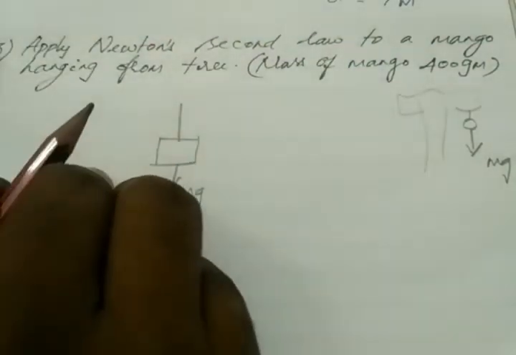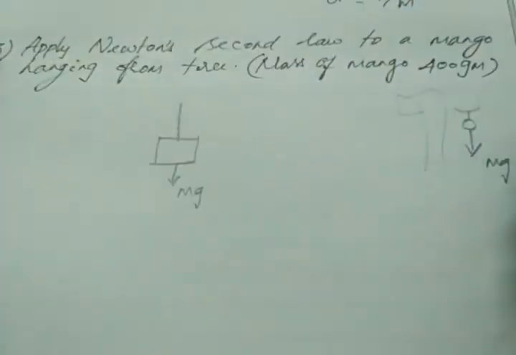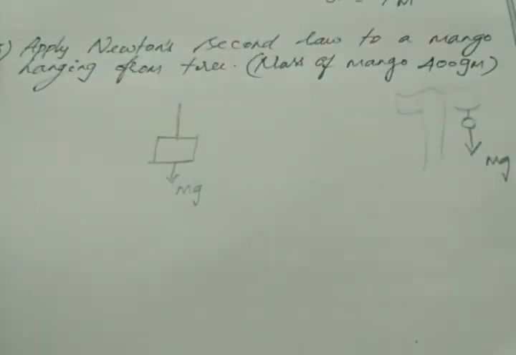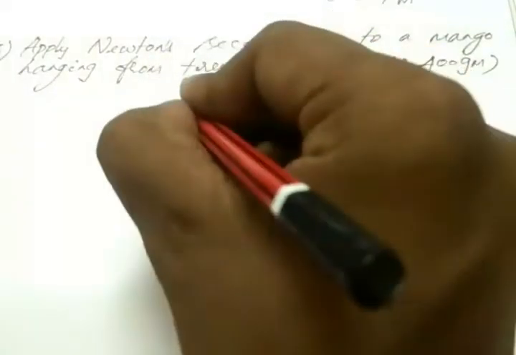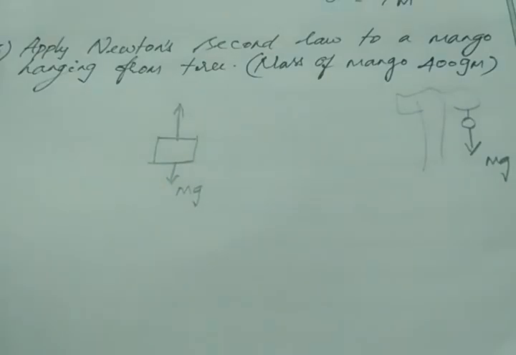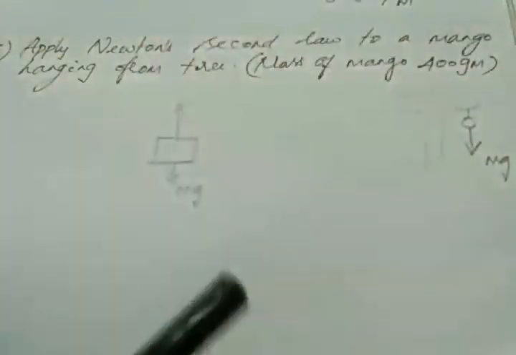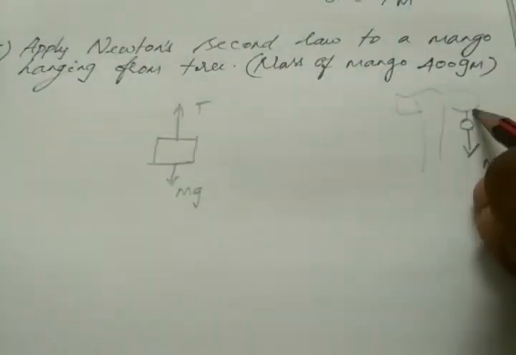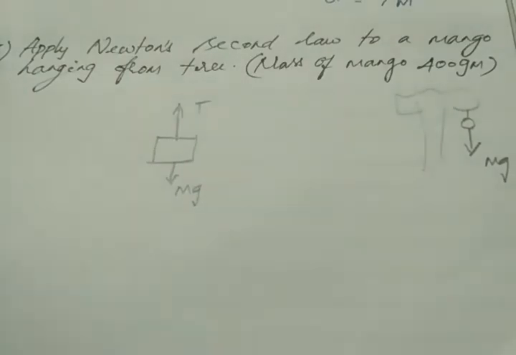As I said already, we always take tension force away from the object, meaning upwards. Our object is hanging downwards, so we take the tension force upwards, on the cord, on the small branch. Clear?